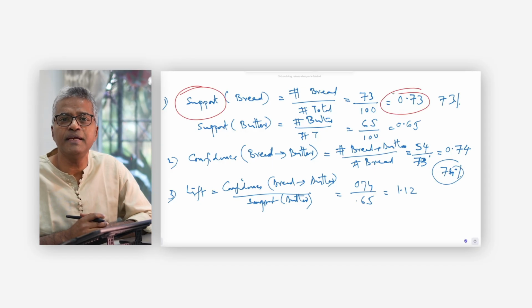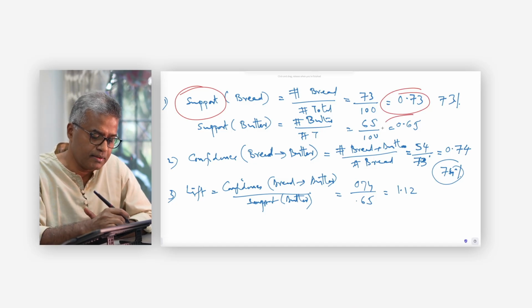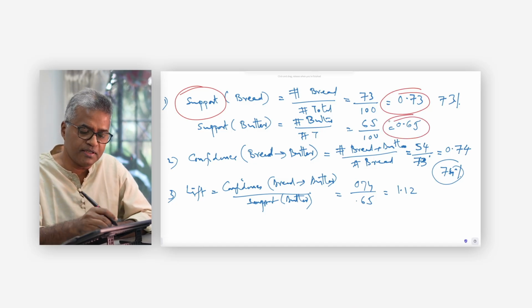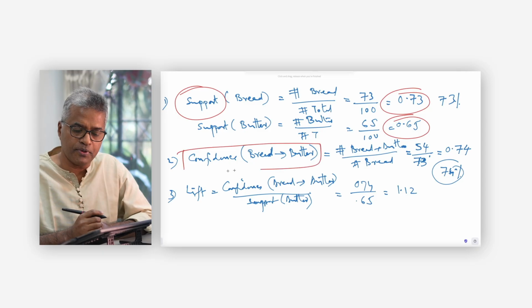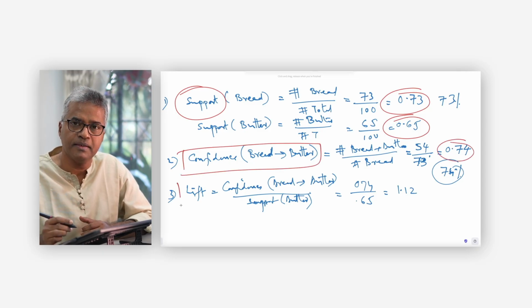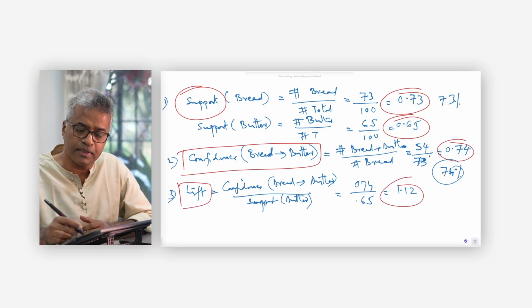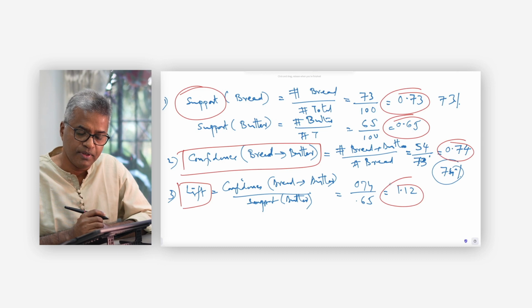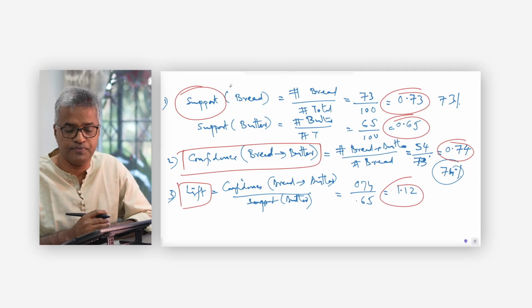Therefore, we have three different measures. First is the support. Support of the bread is 73%, support of the butter is 65%. Then confidence comes to around 0.74 and lift is around 1.12.